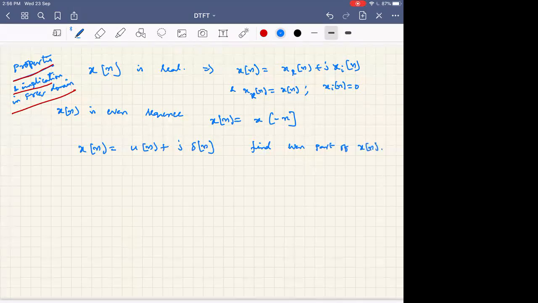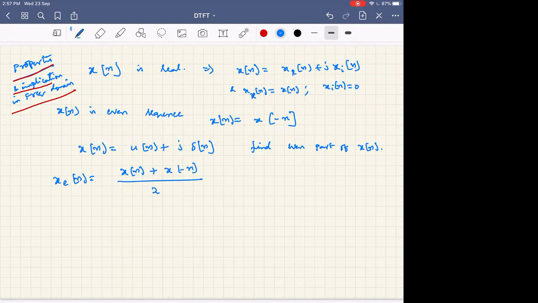What will you do? Say x even of n equals x of n plus x of minus n by 2.